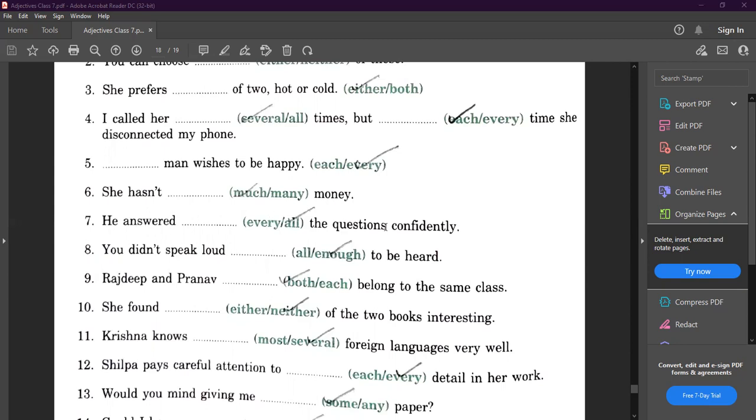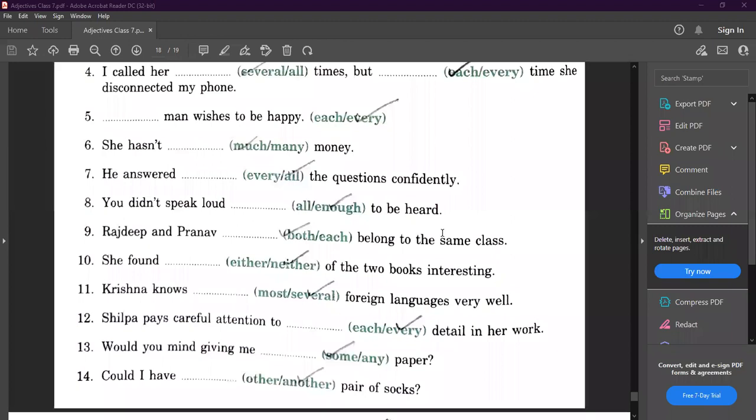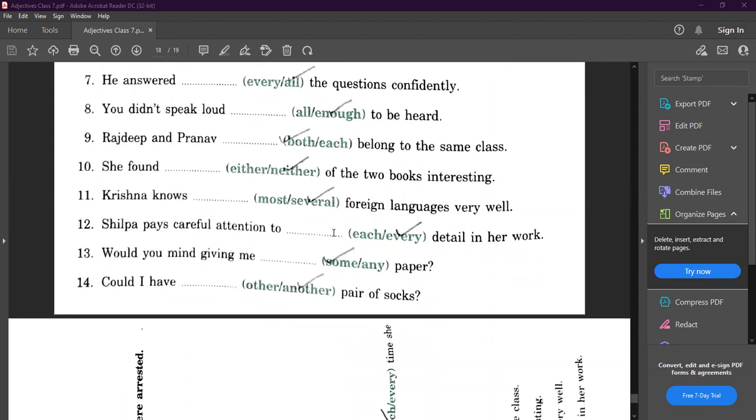He answered all the questions confidently. You didn't speak loud enough to be heard. Rajdeep and Pranav both belong to the same class. She found neither of the two books interesting. Krishna knows several foreign languages very well. Shilpi pays careful attention to every detail in her work. Would you mind giving me some paper? Could I have another pair of socks?